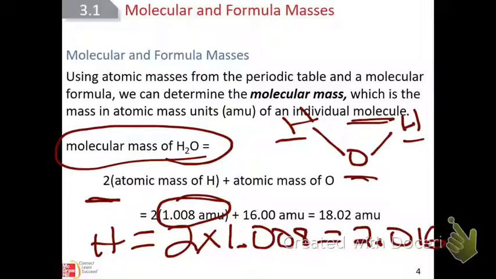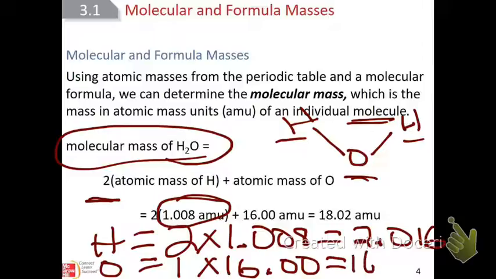and so that is going to be 2.016. And then how many oxygens are in water? 1, so 1 times that average atomic mass from the periodic table, which is actually 15.99994, which rounds to 16.00. So that's going to be 16.00, and you add those together and you get 18.016.